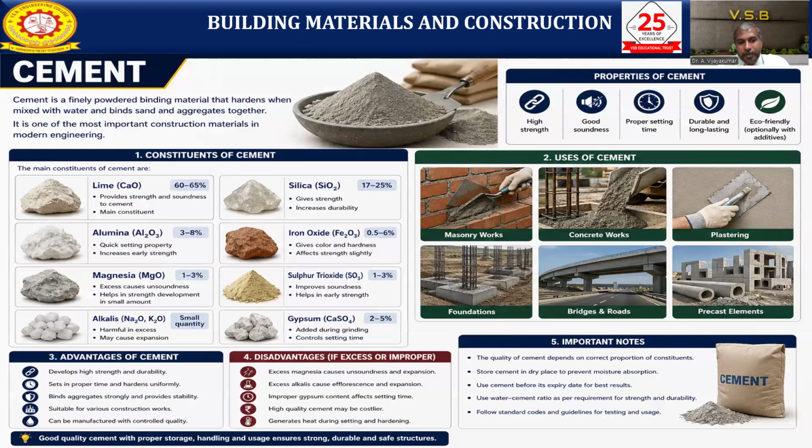It sets in proper time, hardens uniformly, and forms a strong structure. So it's a binding material. It binds well with the aggregate, strongly, and provides stability of the structure. Cement can be used for various construction work. It can also be manufactured in colors, and in quality too.